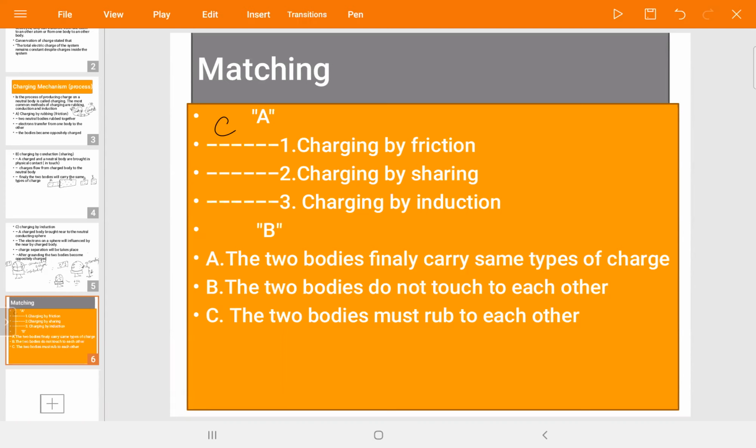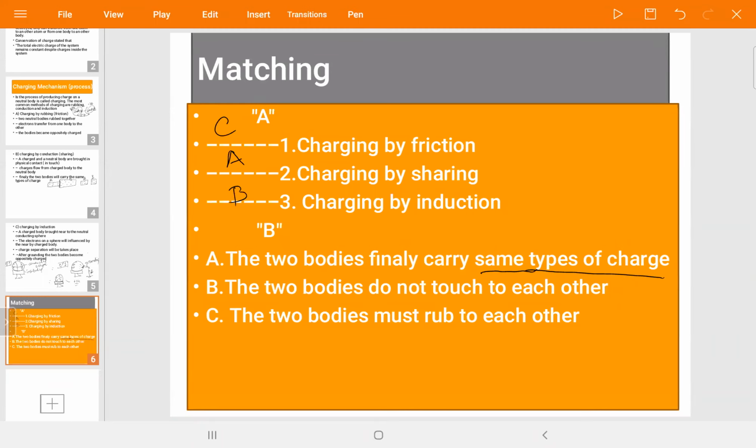And for charging by sharing, it's A. The two bodies finally carry the same types of charge, because they have shared the same types of charge. So since they share the same types of charge, it should be A. And finally, it becomes B. Charging by induction doesn't need physical contact.